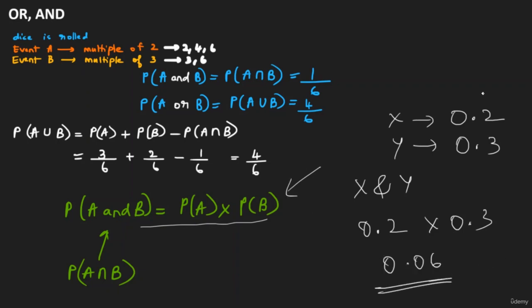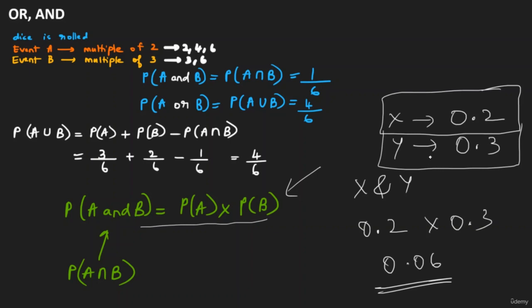In this case also you can note that X hitting the target and Y hitting the target are totally independent of each other. That is, if X hits the target or does not hit the target, it does not in any way affect Y hitting the target or not hitting the target.